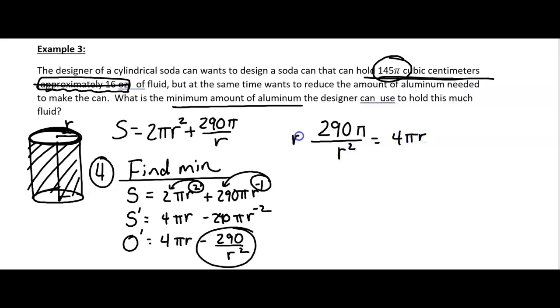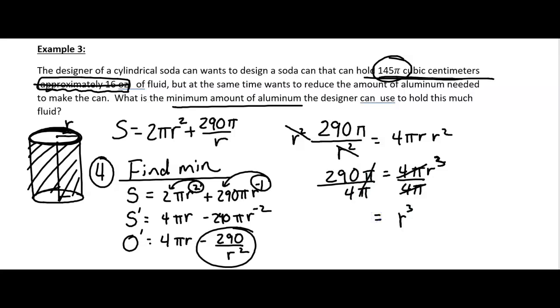Then I would multiply both sides by r squared so that these cancel out. And then I would divide both sides by 4 pi so that these cancel out. The pi's go away, and 290 over 4 can reduce to 145 over 2.